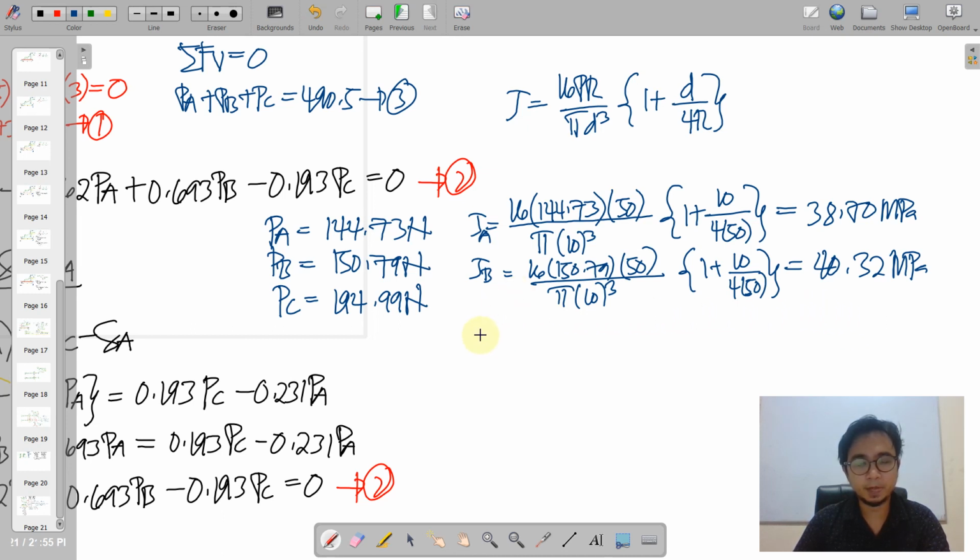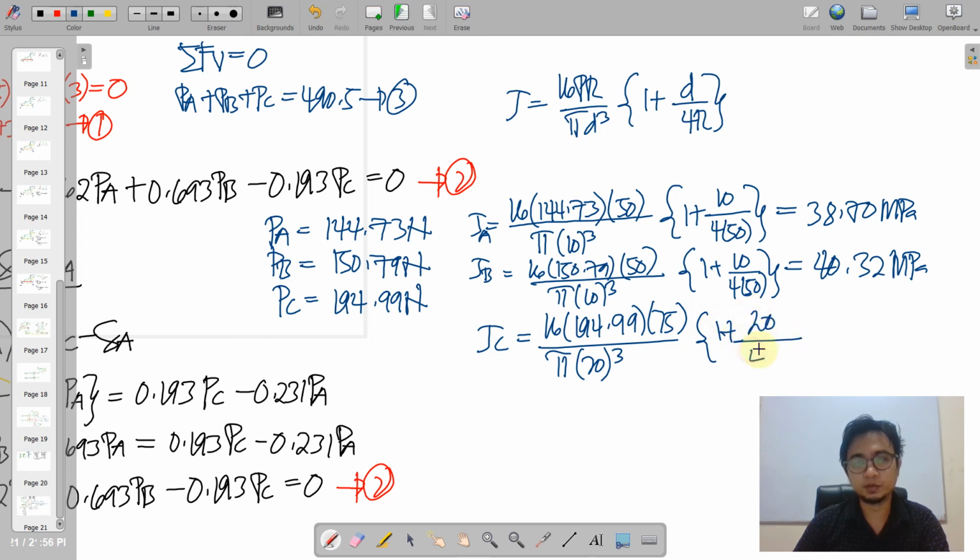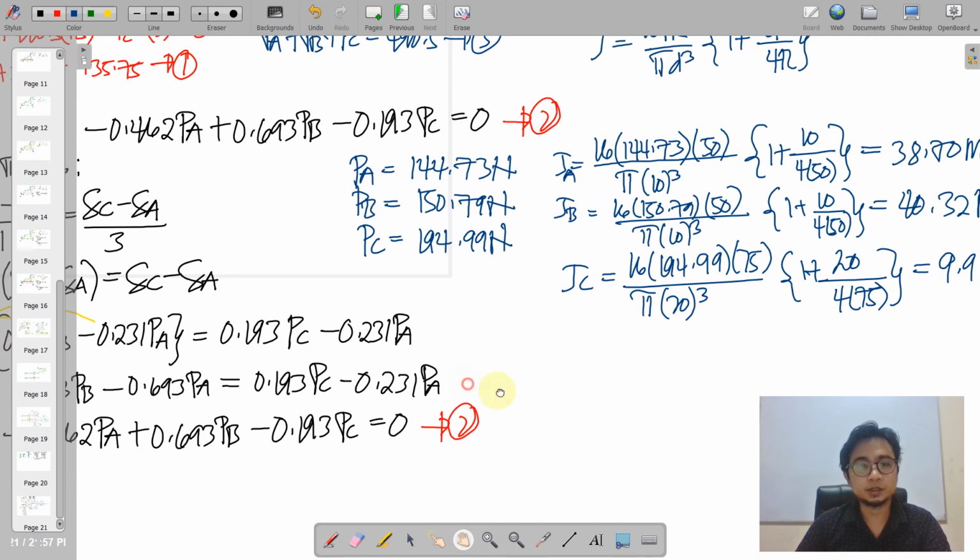Finally, tau at C is equal to 16 times 194.99 times mean radius of 75. I think we have diameter of 20 there. 1 plus 20 all over 4 times 75. So we have 9.93 megapascals. So these are the answers on this problem.